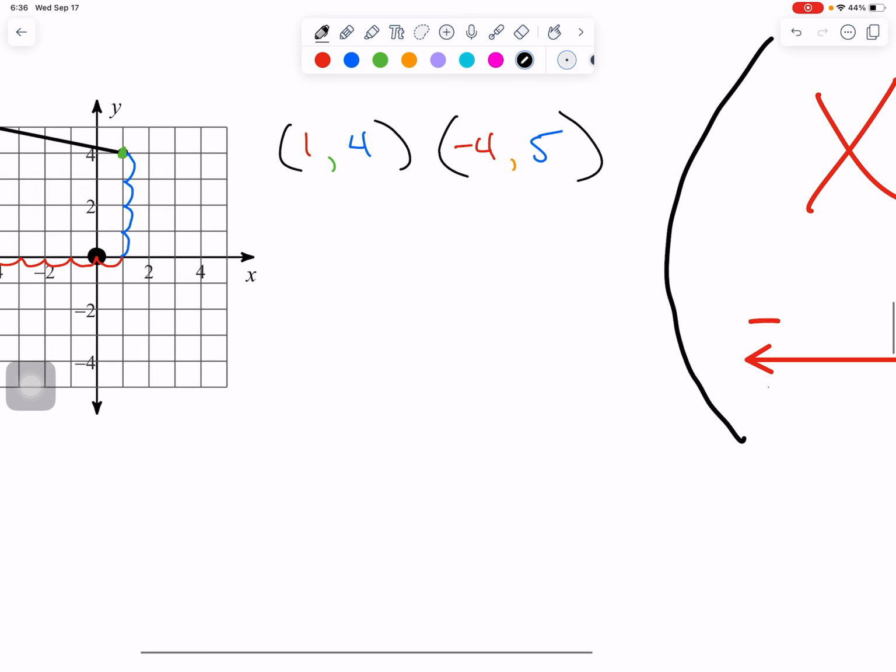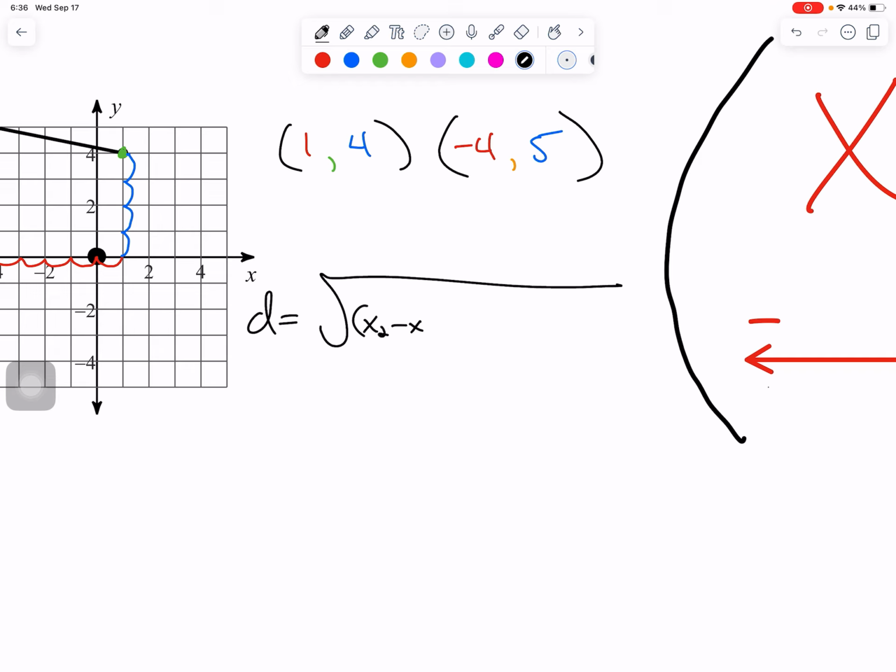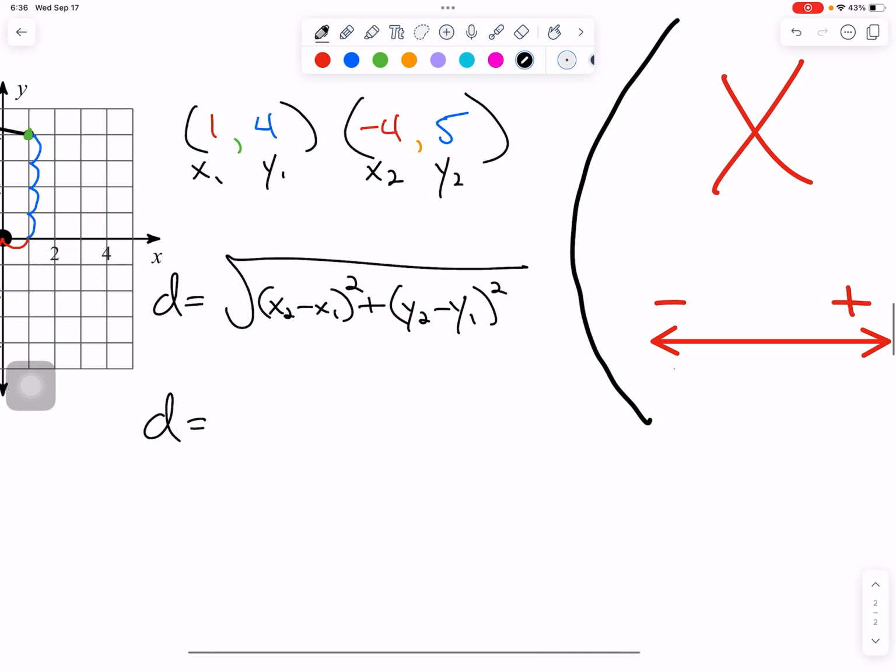Now from here, we will again follow the formula of d equals the square root of x2 minus x1 squared plus y2 minus y1, close it, squared. So d equals, let's label, we have x1, y1, we have x2 and y2. From here, we will plug into the formula.